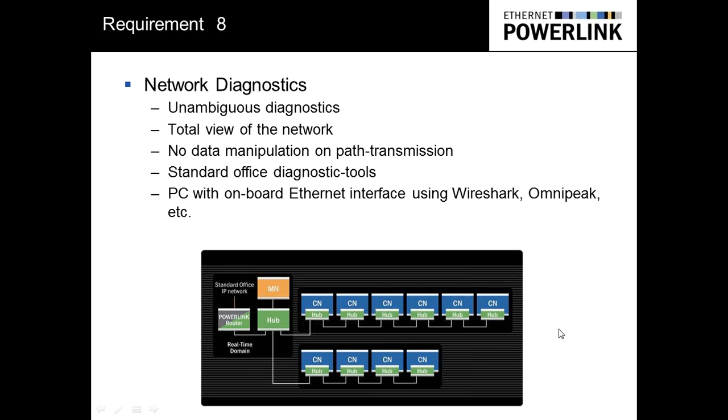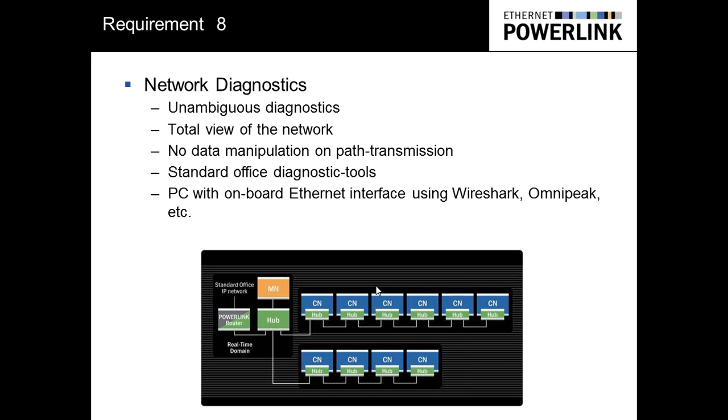So I can take a standard PC running Wireshark, let's say, which is an open source debug tool, and I can see all the sequences of the packets taking place on the network. I can see my poll requests, my poll responses, my start of cycle frames, my start of asynchronous frame, etc., and I can use the Wireshark filters and take a look at my whole system sequence on the network. It's a very, very powerful tool.